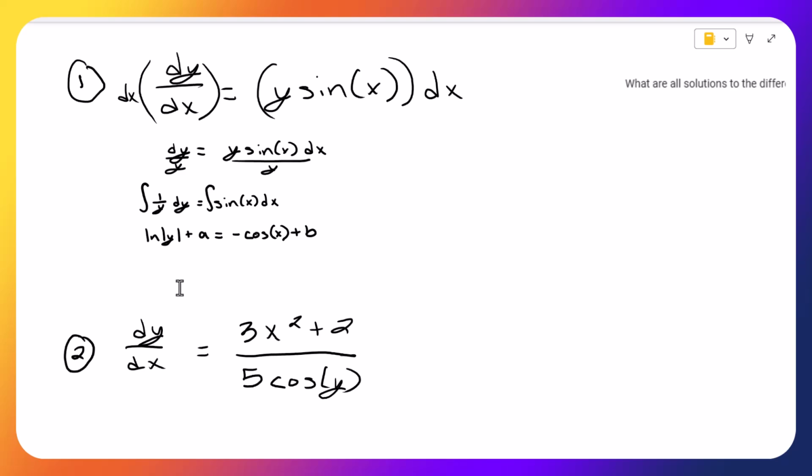And we're going to solve for y still, because we want to find y. That is going to be our general solution, y equals something. So let's subtract a from both sides. We get ln of y equals negative cosine of x plus b minus a. Well, I'm just going to call that c.